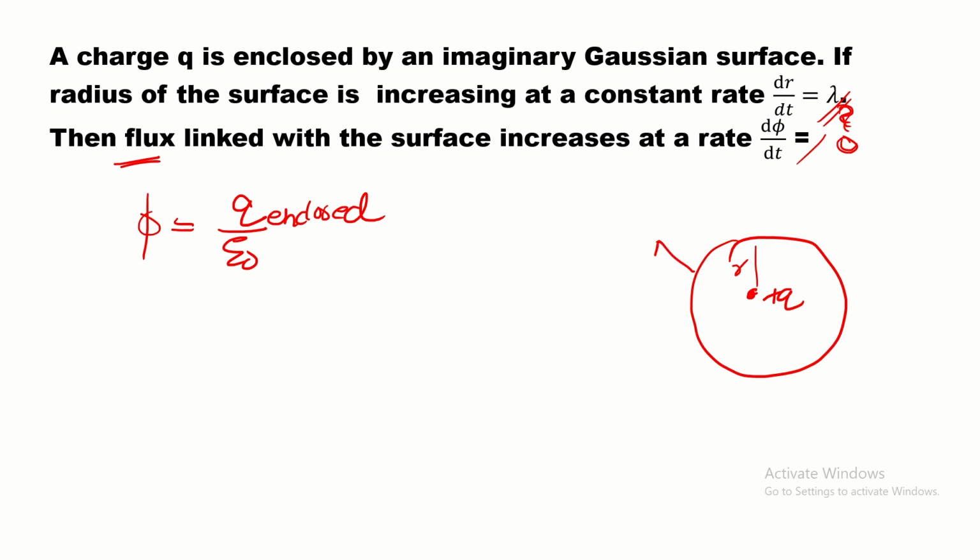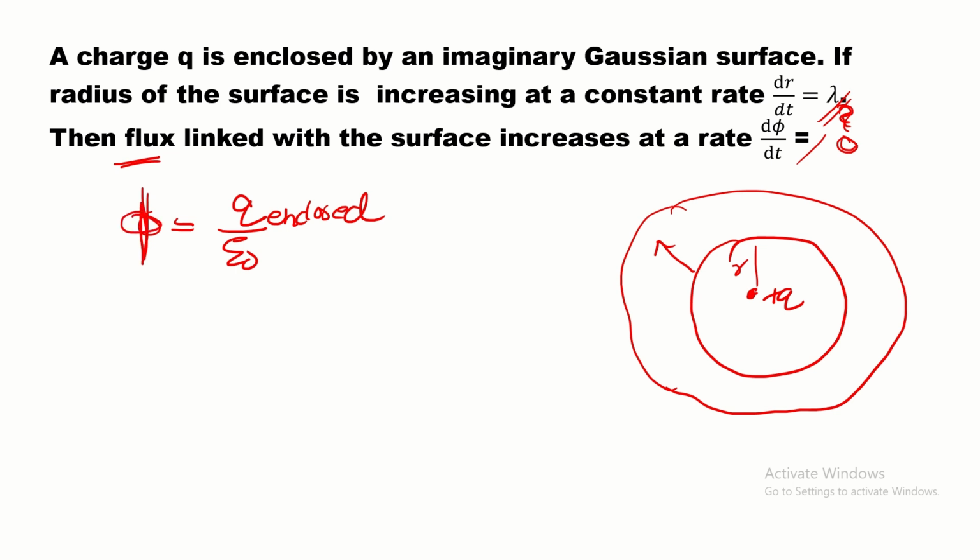So if the radius increases, let's check the formula. Q enclosed remains the same and epsilon naught will still remain the same. So electric flux does not change even when the radius increases.